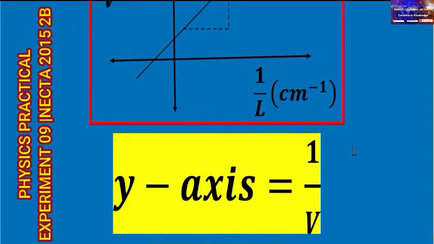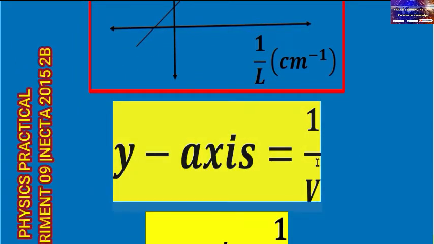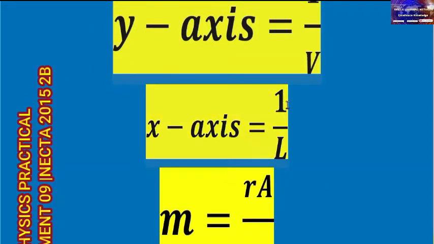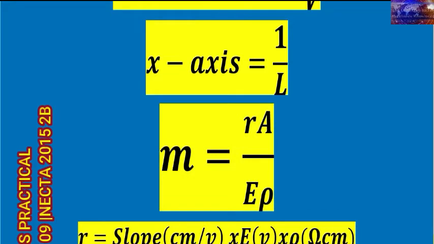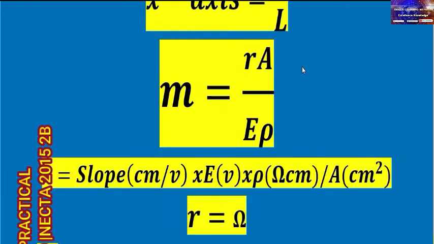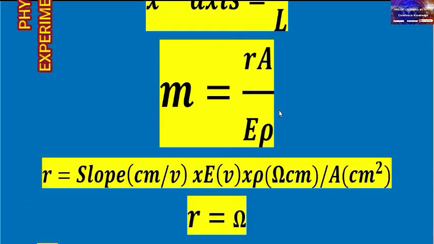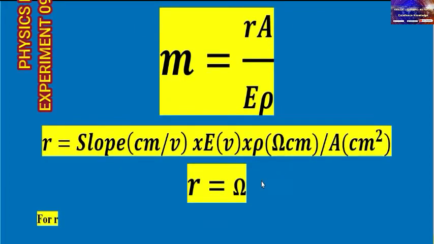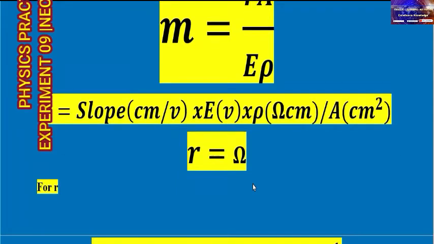You have seen that the y-axis is equal to 1 over V, the x-axis is equal to 1 over L, and m is equal to this one. That is the value of slope. So internal resistance is obtained from that value of slope. Generally, when you have data, it means internal resistance is in units of ohms.